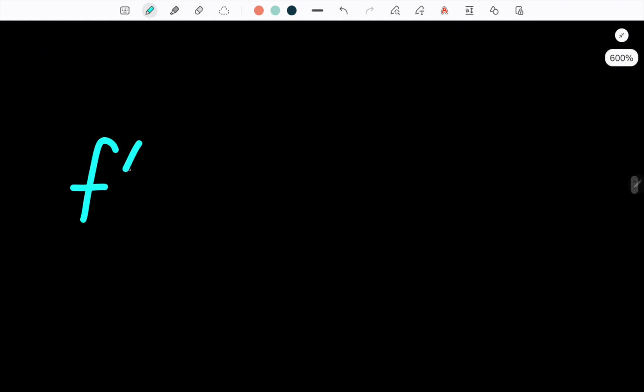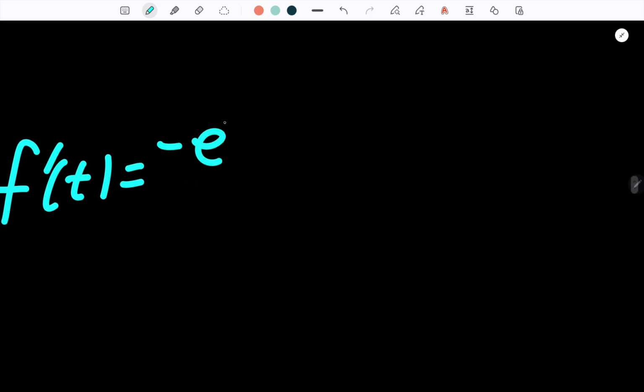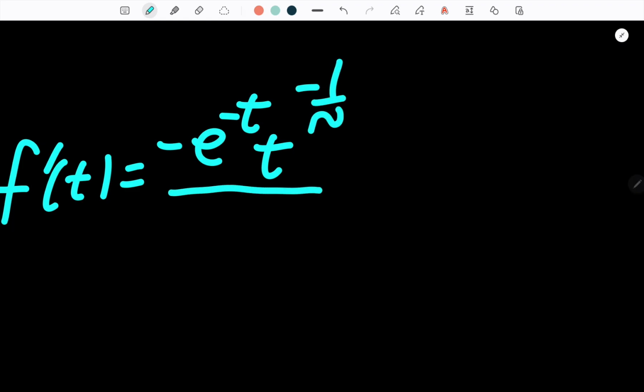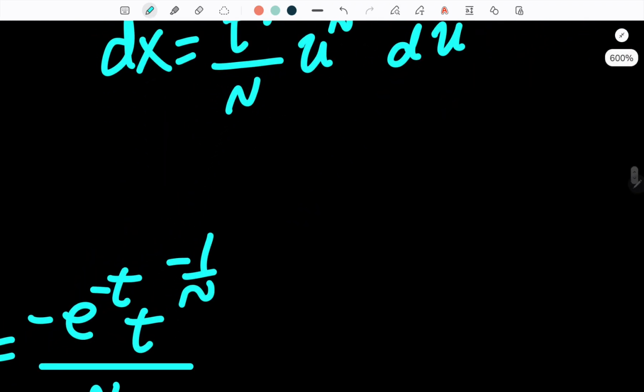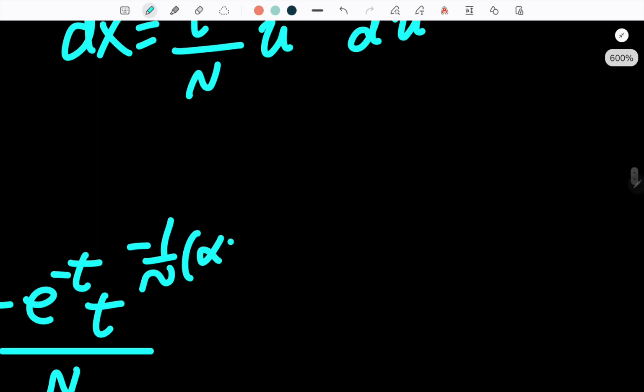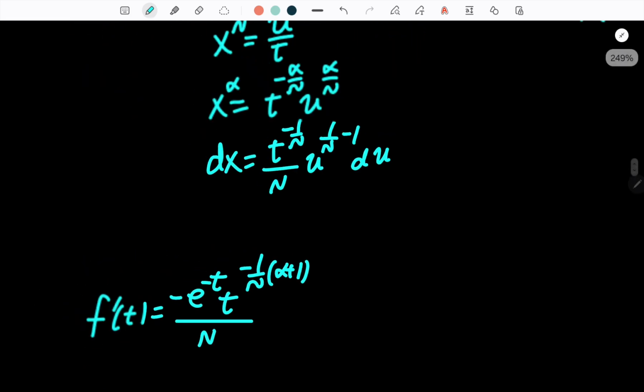So there we go. So all this implies, I need some room, we'll go down here, that f prime of t is going to be negative e to the negative t times t to the negative 1 over n, divided by n, of course, times alpha plus 1 up here.